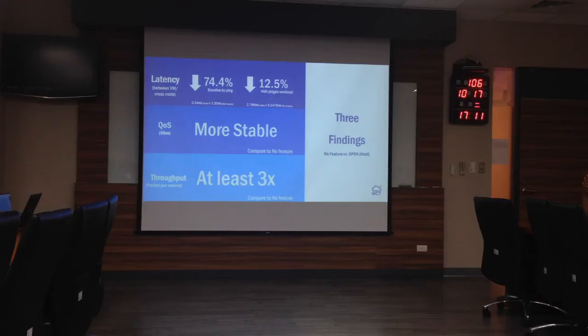For the vanilla OPNFV scenario that you deployed with Apex, is that the one without DPDK, I assume? It's very interesting. Our engineers tried to hack the E version and tried to download the scenario with DPDK.